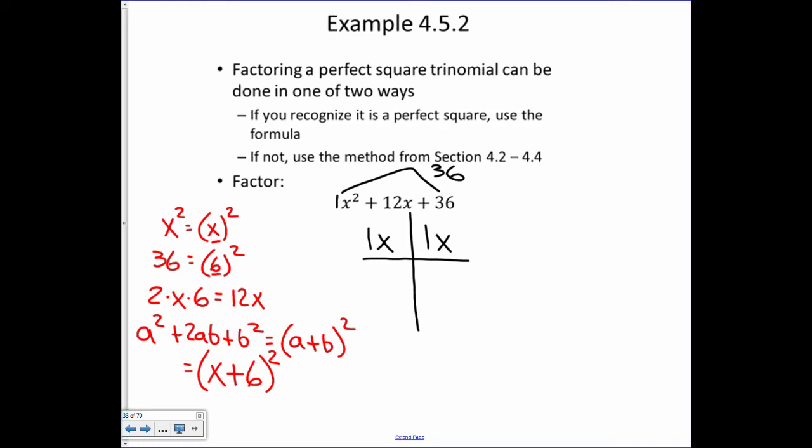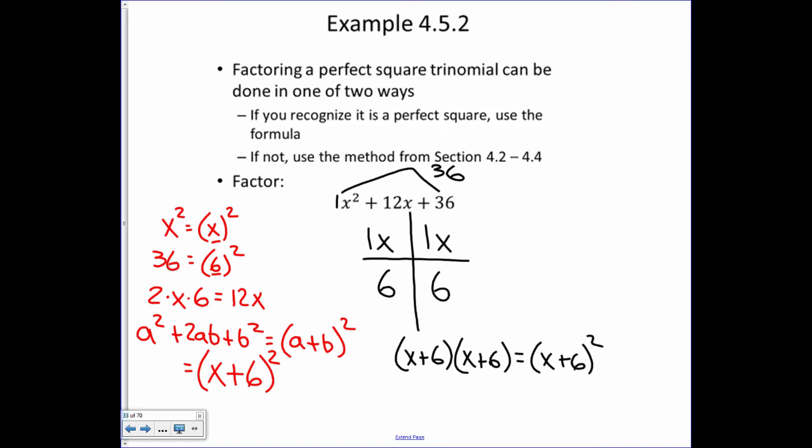We now need two numbers that multiply to give you 36 and add to give you 12. Well, 36 is 6 times 6. And 6 plus 6 is 12. And so now we write our two factors, x plus 6 and x plus 6. But we could just rewrite that as x plus 6 squared.